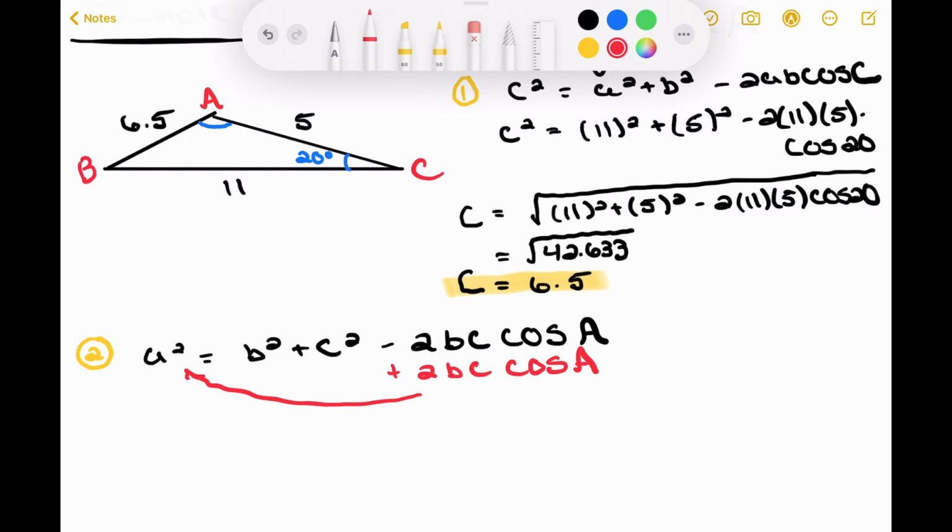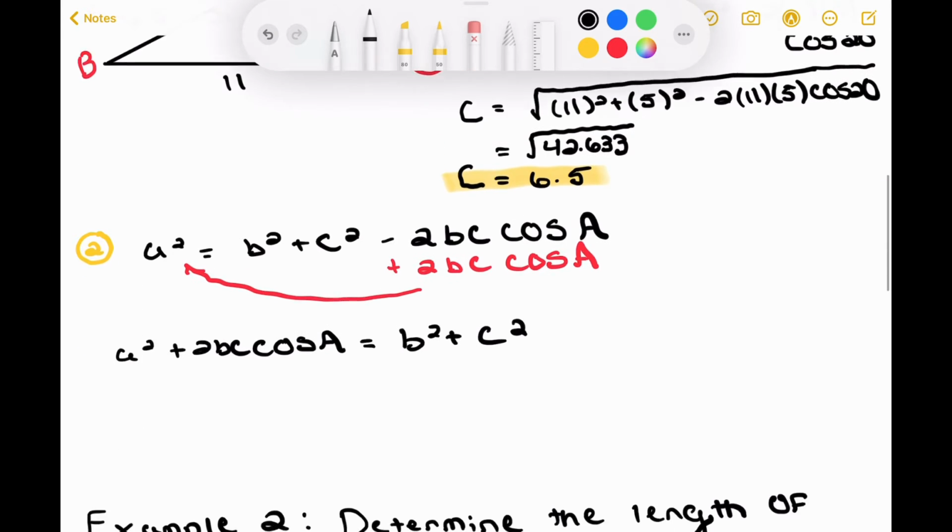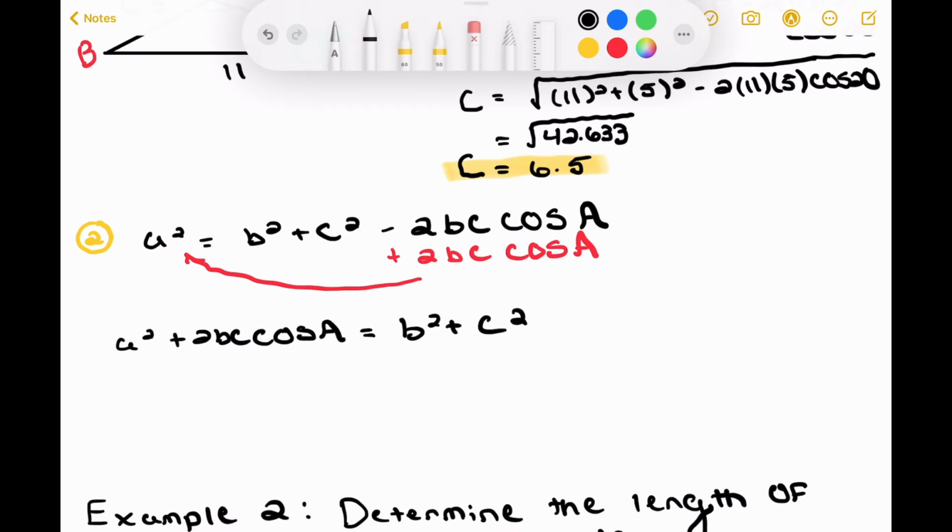And so when I add it to both sides, it's going to cancel on that right, and then we're going to get a new form of a squared plus 2bc cos a is equal to b squared plus c squared. Okay. And then now I have to move that a over, so I'm going to move the a squared, subtract it from both sides. So now I get 2bc cos a is equal to b squared plus c squared minus a squared.